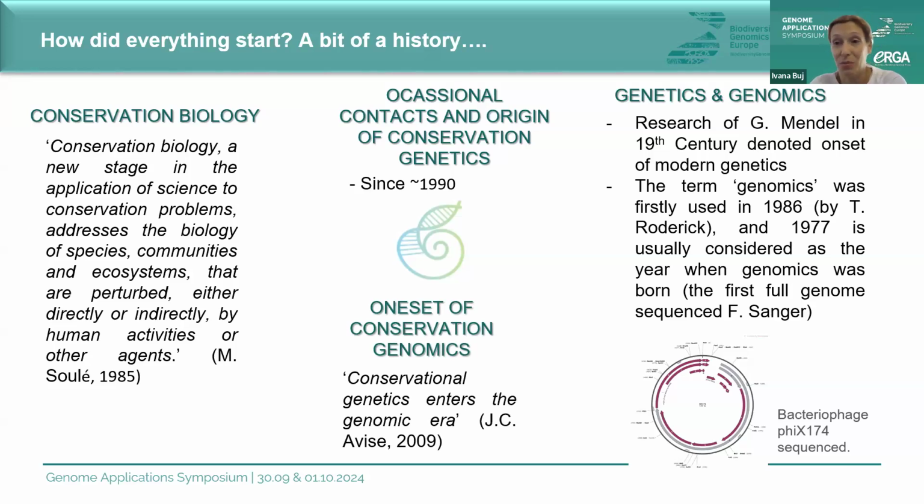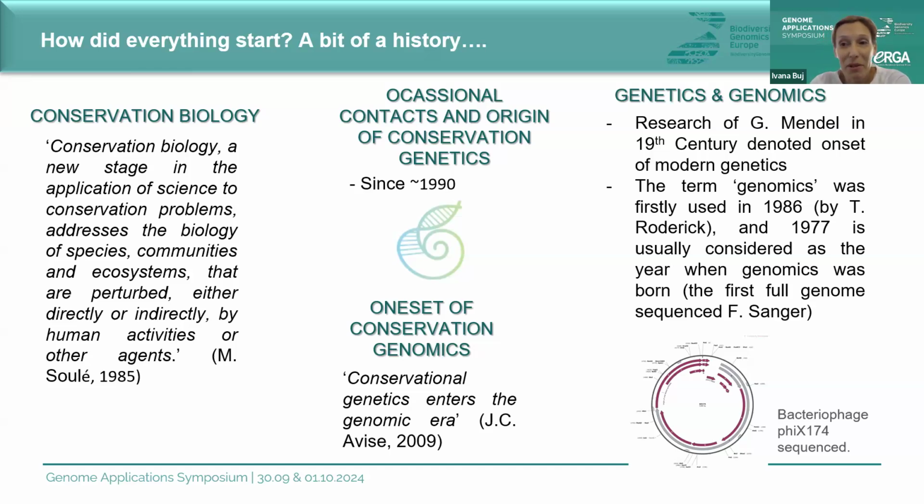It started sometime in 2009 or something like that. In this presentation, I will present some of my opinions and my experiences, and some examples that I work on where we do or could use genetics and genomics for better practical conservation of some species.